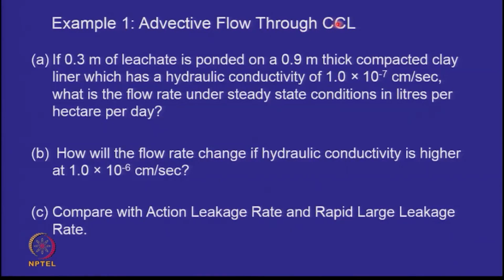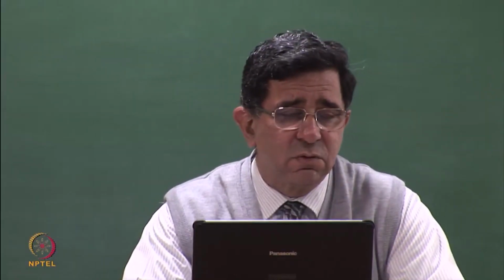So the first example is advective flow through a compacted clay liner. As I talked to you in the very beginning, flow through liners can be advective or diffusive. Advective is due to hydraulic gradient and diffusive is due to gradient in concentration. And we know that for advective flow, Darcy's law is valid.